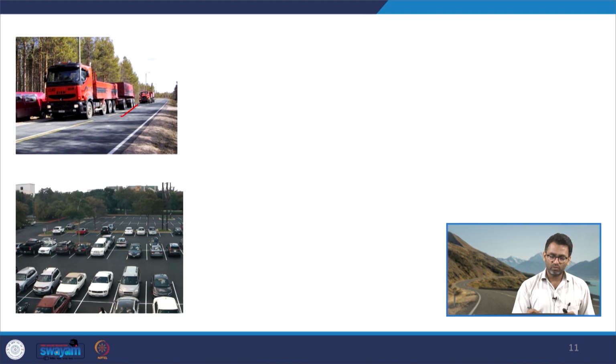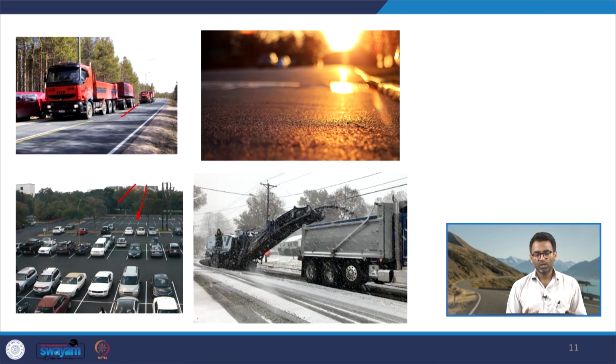You see that we have a high volume road and we have a parking lot. In one location the stresses are high, vehicles are moving at a particular speed. In another location we have mostly cars that are standing, static in nature. So, here the type of loading changes, so the expectation of the mix will change.